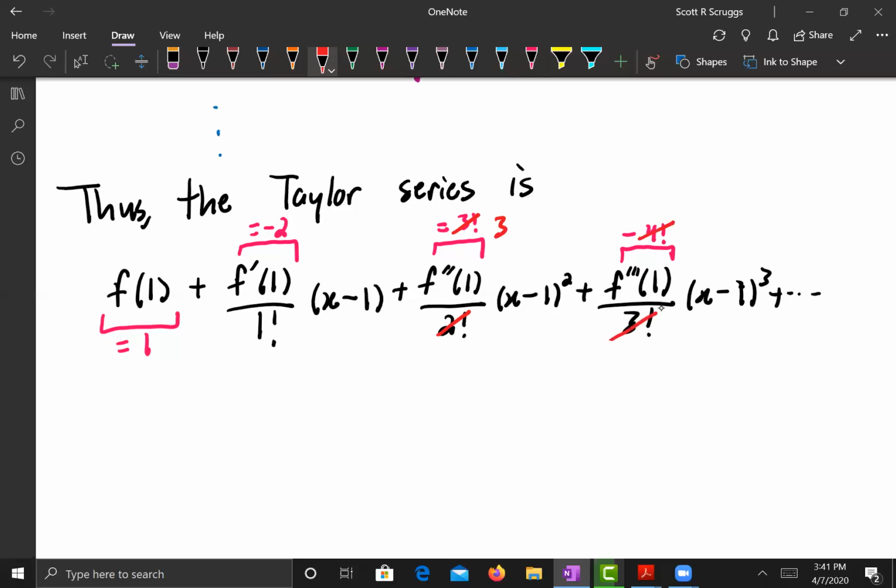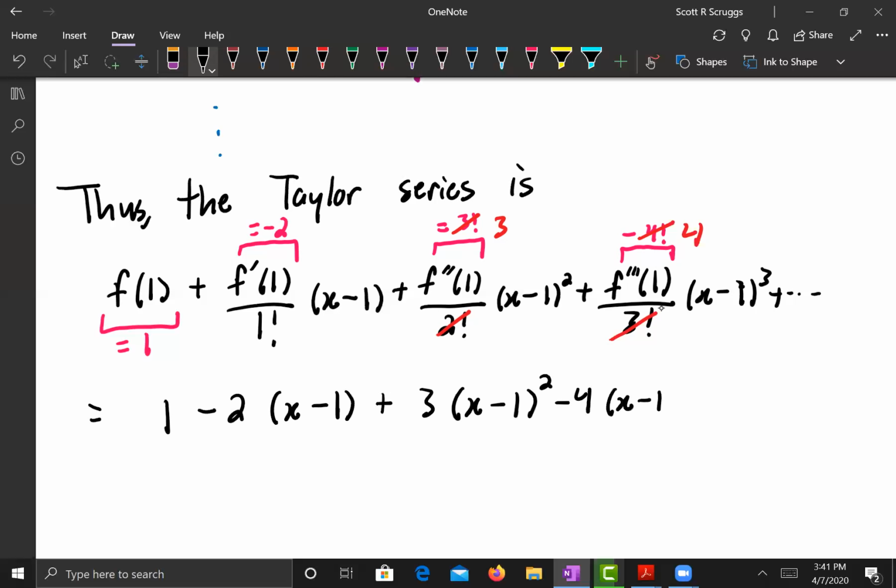From what we talked about before, I'm just going to get left behind 4, and so on and so forth. So after substituting and simplifying, I have 1 minus 2 times x minus 1 plus 3 times x minus 1 squared minus 4 times x minus 1 cubed, so on and so forth.